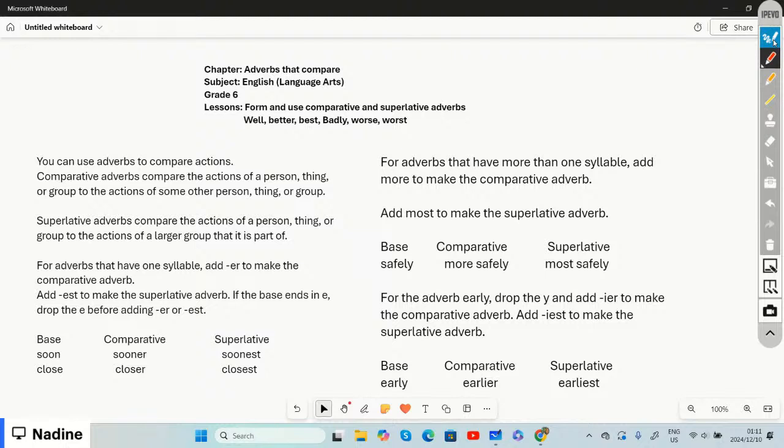So when it comes to our comparative adverbs, a comparative adverb compares actions. It basically compares the actions of a person, a thing, or a group to the actions of some other person, thing, or group.